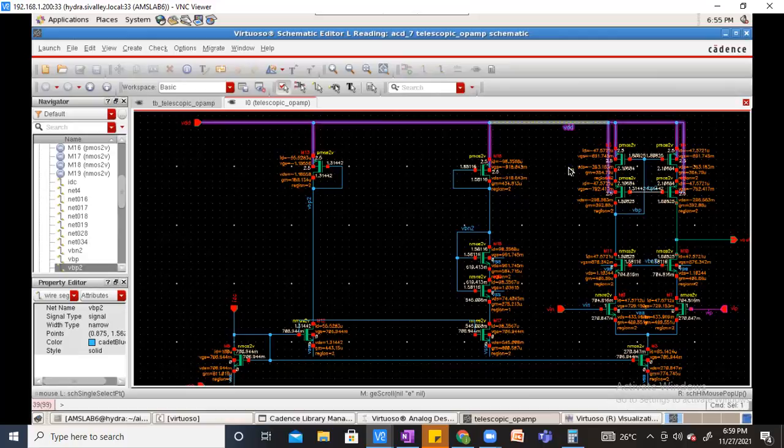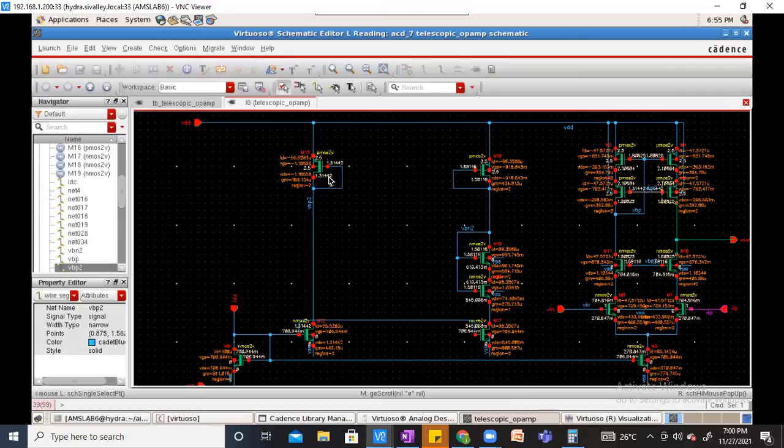So how should I generate this? Basically, 1 VT plus 2 overdrive should be dropped from the VDD. So how can I do that? With this, I'm able to drop one VT and one overdrive, right? With their connected configuration. Okay.